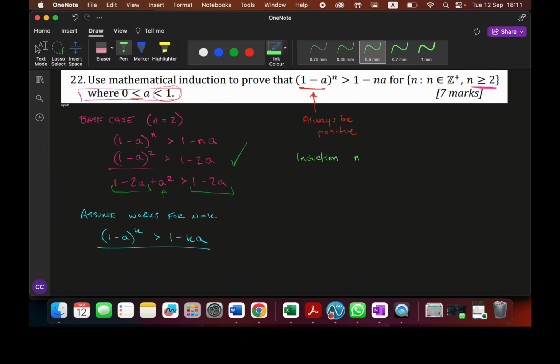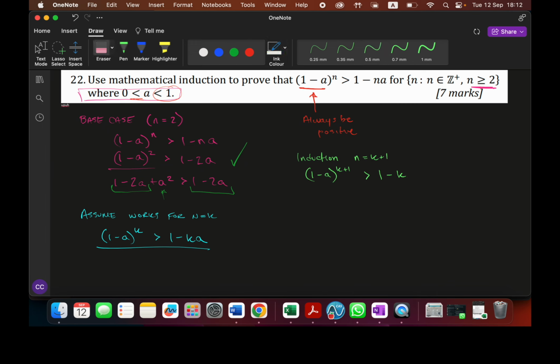So the inductive step: we are going to try to prove it when n is k + 1. So when n is k + 1, just writing this down, we would end up with (1 - a)^(k+1) has to be greater than 1 - (k + 1) times a.